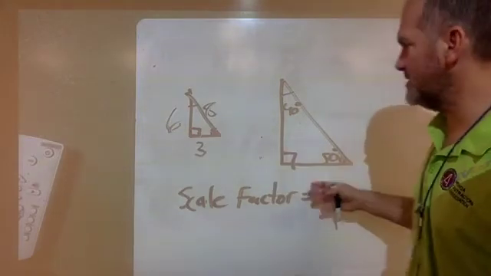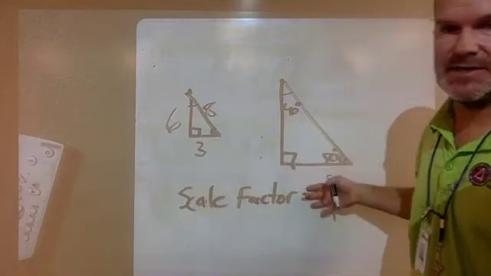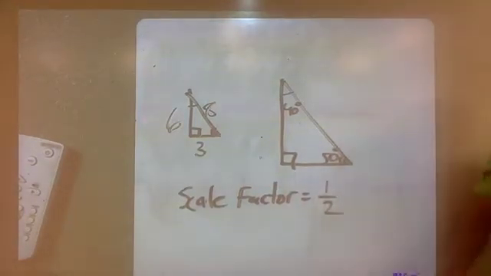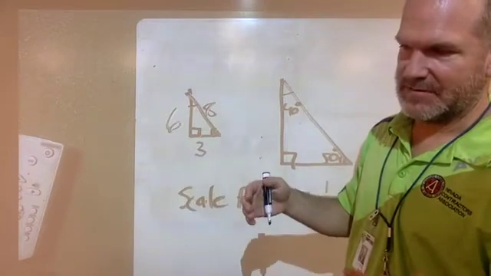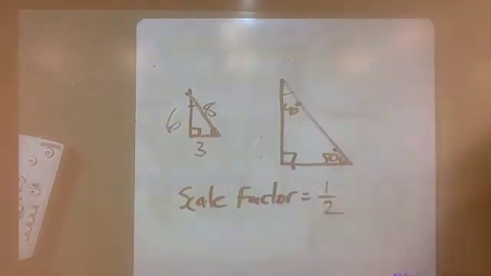So 6 times 1 is 6. That means that side didn't change size if the scale factor is 1. If the scale factor is less than 1, say 1/2, then you shrank. It got smaller because now you're multiplying by something less than 1. Your number gets smaller. If you're multiplying by something greater than 1, your number gets bigger.